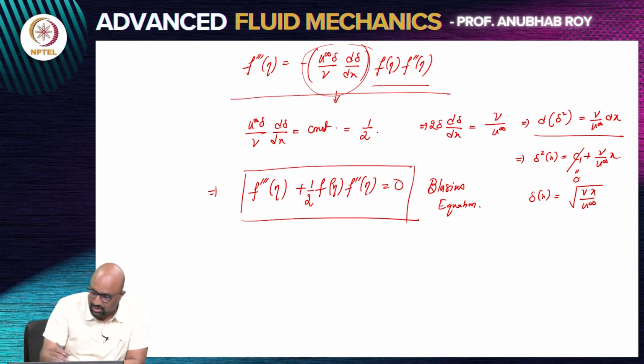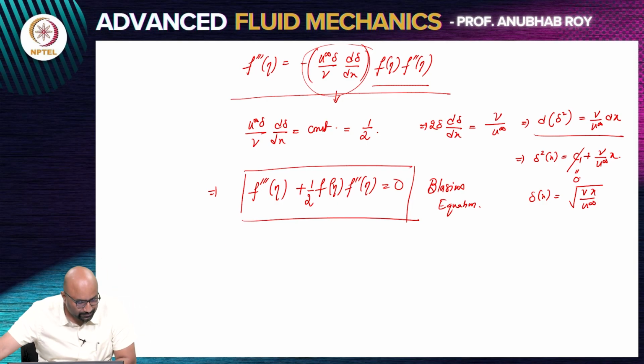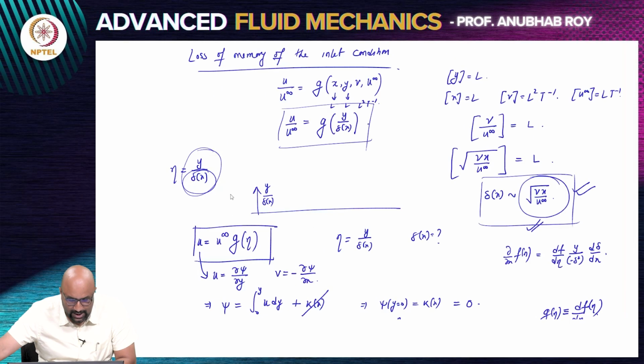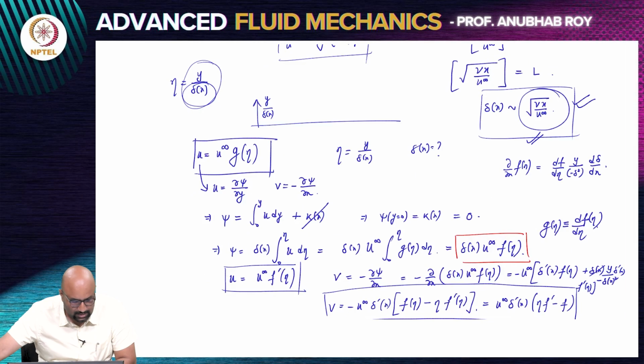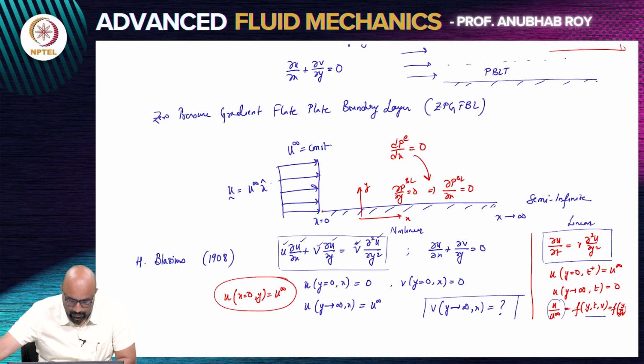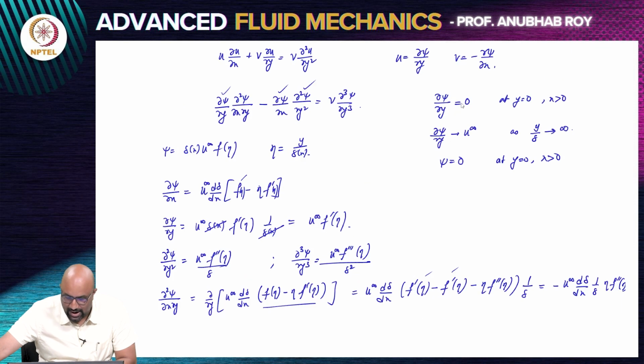The boundary condition was, if you go back, in terms of psi, we had a boundary condition which was dou psi dou y is equal to 0 at y equals 0. Now y equals 0 means eta equals 0.